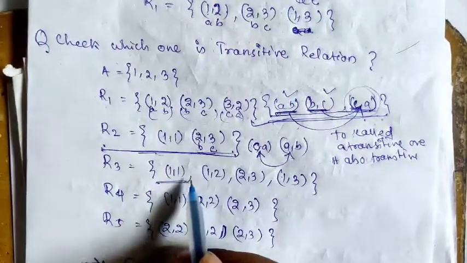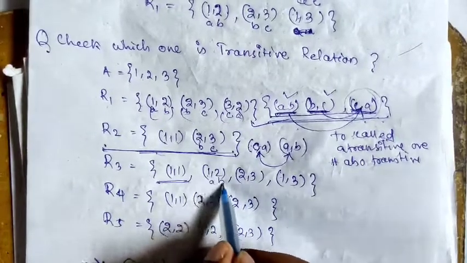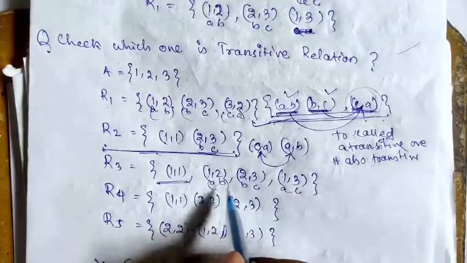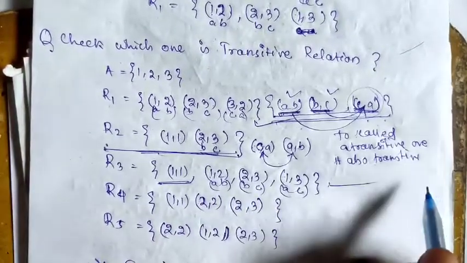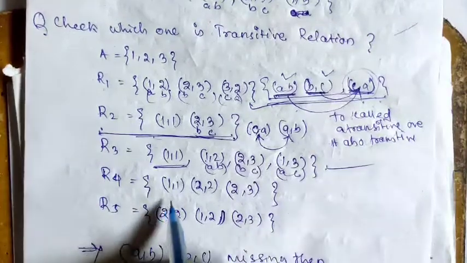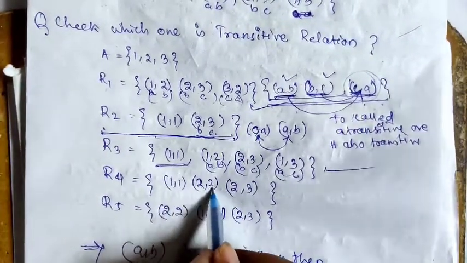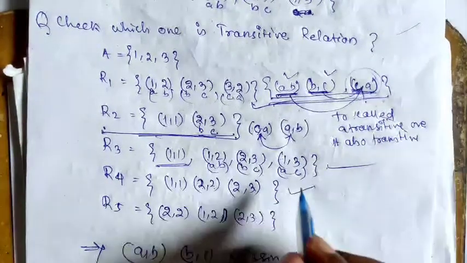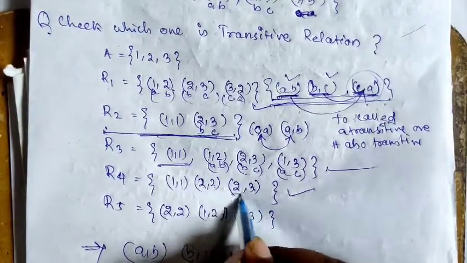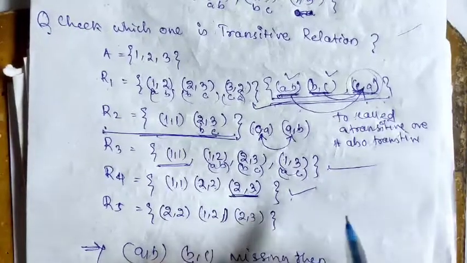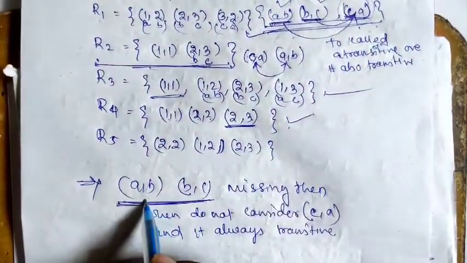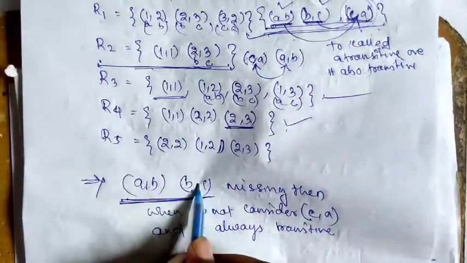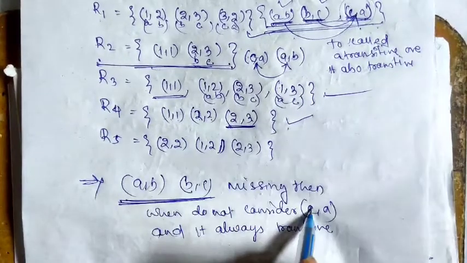In the third relation, 1, 2, AB, BC, AC: all three are present. So it is a transitive one. Here 1, 2, 2, 2, 3, 2. It is also transitive, because the necessary condition is not required here; we already studied that whenever AB and BC are present, then we look for CA.